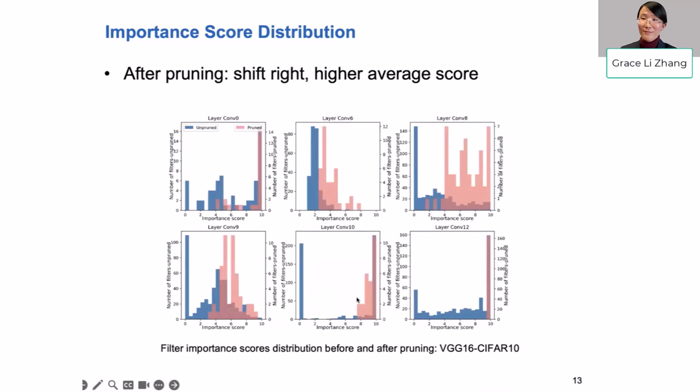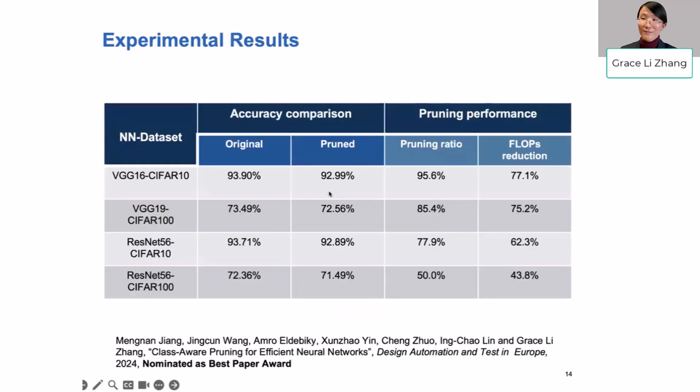But with class-aware pruning, we find that we can shift this distribution to the right, as shown in this red color. So in the pruned neural networks, the remaining filters are important for many classes compared to the previous version. So the distribution is shifted to the right. And this table shows some experimental results.